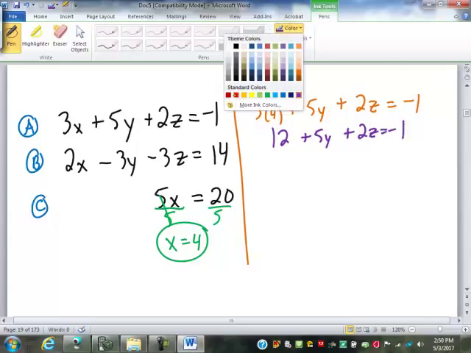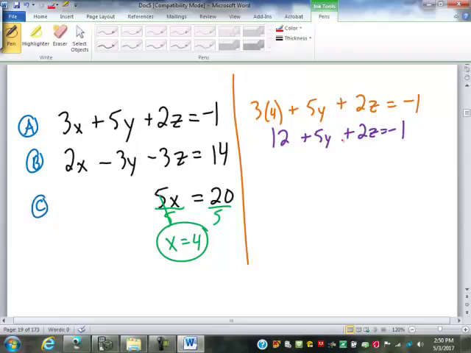And then I'm going to go ahead and subtract the 12 to get the y and z on the left side by themselves. I want to get all the constants, or the whole numbers, over to the other side. So I subtract 12 there. So 5y plus 2z equals, what's negative 1 minus 12? Oops, careful.